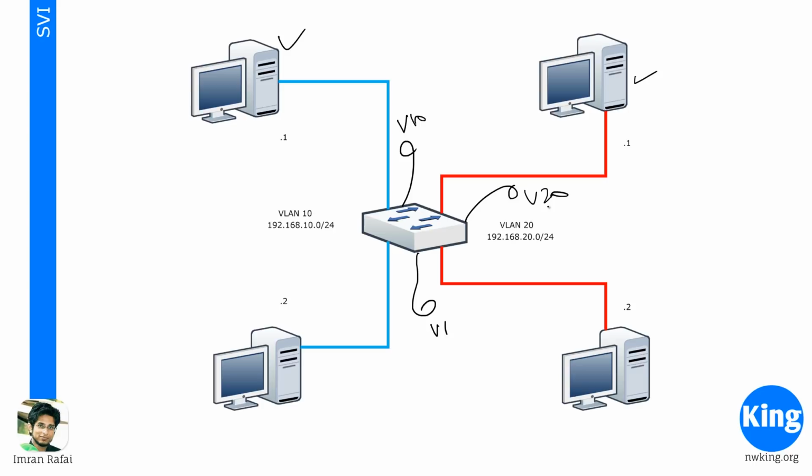So a switch virtual interface is a virtual interface given per VLAN, right? If you want VLAN 20 devices to access the switch remotely, you create a virtual interface for VLAN 20. Similarly, if VLAN 10 devices have to access the switch for management or whatever purpose, you need to give a virtual interface for VLAN 10, right?